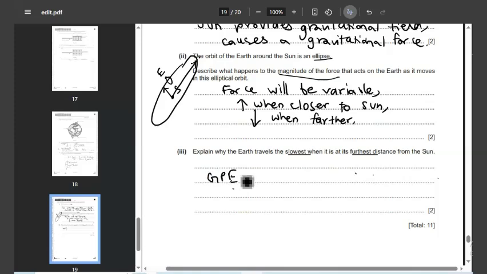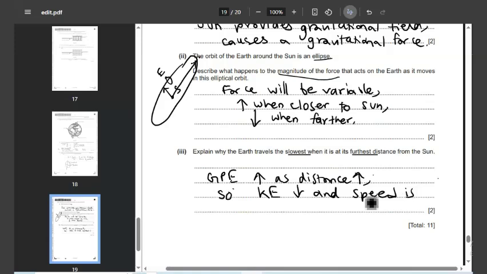So we write the gravitational potential energy increases as the distance increases. So the kinetic energy decreases and the speed is the least. And the speed is the least when it is furthest from the Sun.